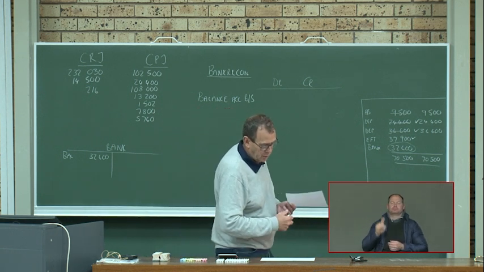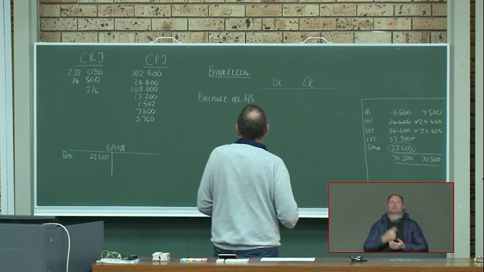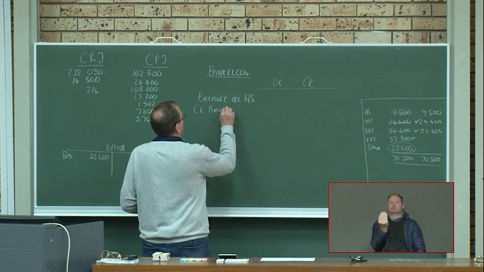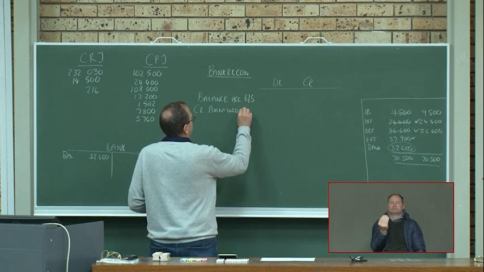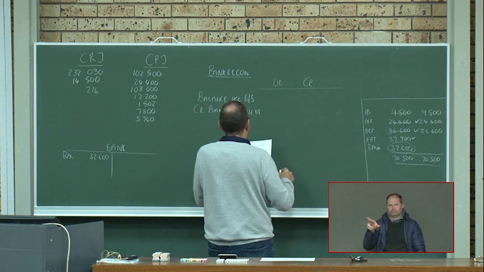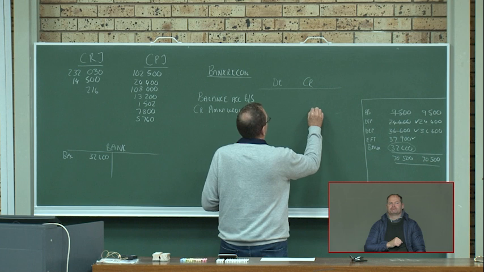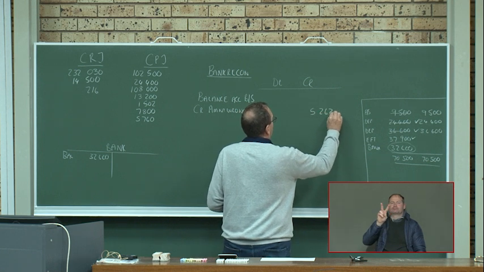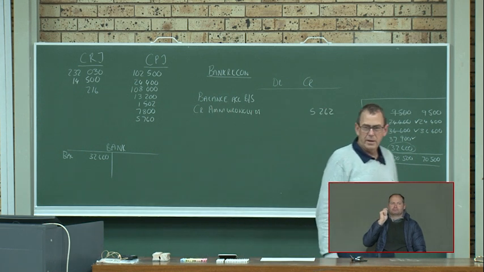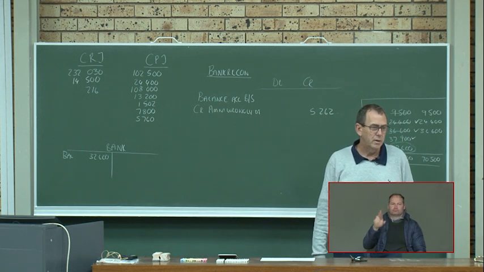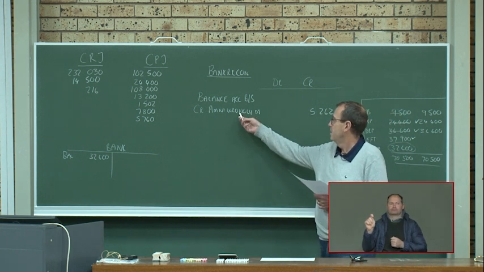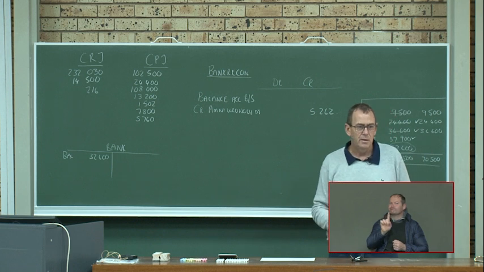So we will say credit amount wrongly debited, and that will be 5262. Credit amount wrongly debited, or credit double debit order, or double EFT. They don't worry about what you write here as long as it's in the correct column.